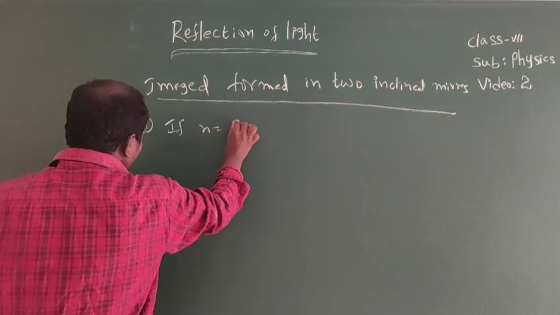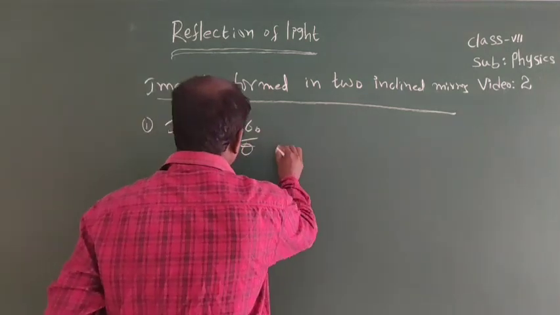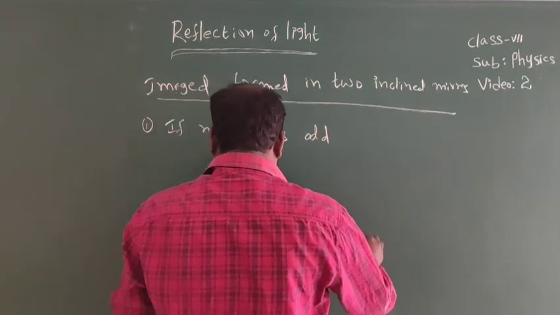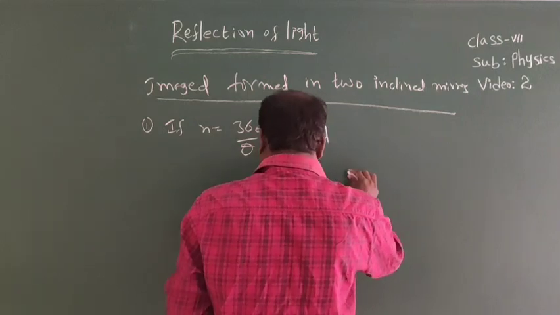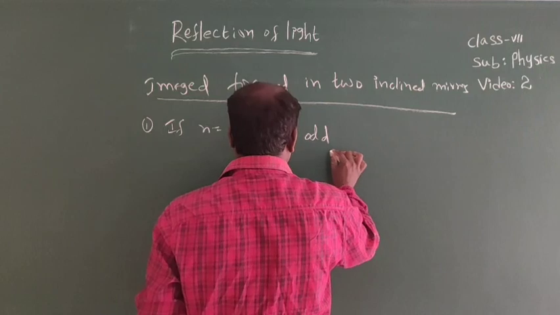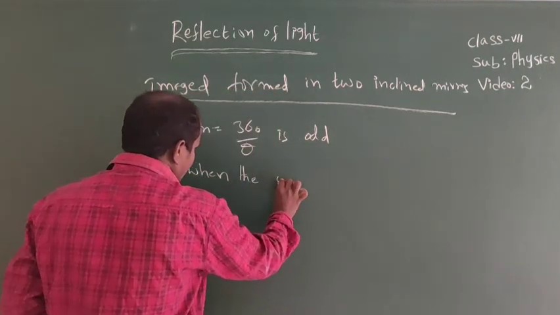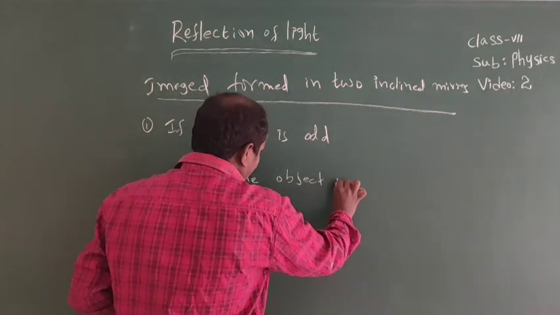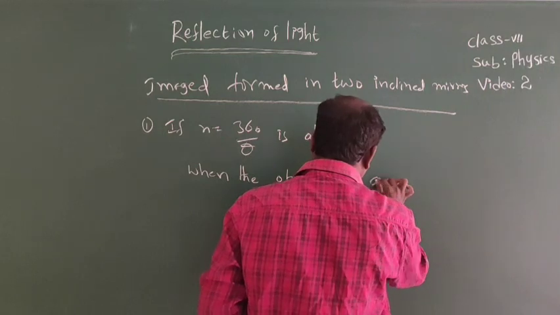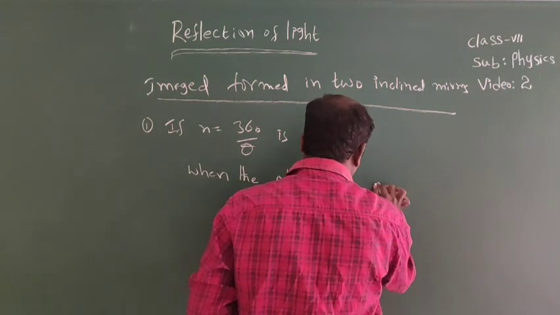If n equals 360 by theta is odd, the number of images n will be when the object is placed symmetrically or asymmetrically.